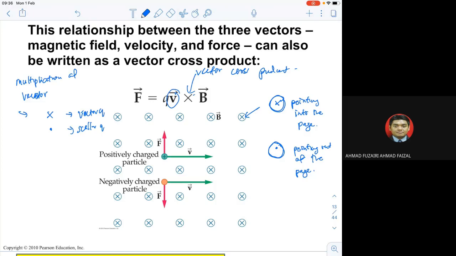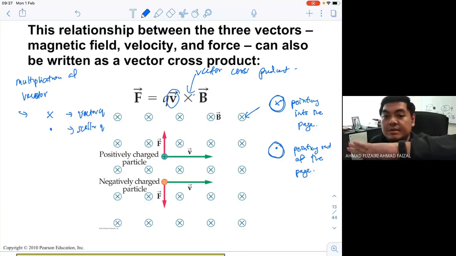But for the negatively charged particles, we use the concept of the right hand rule, but using the left hand. Let me explain. This should be your left hand. Use your left hand.